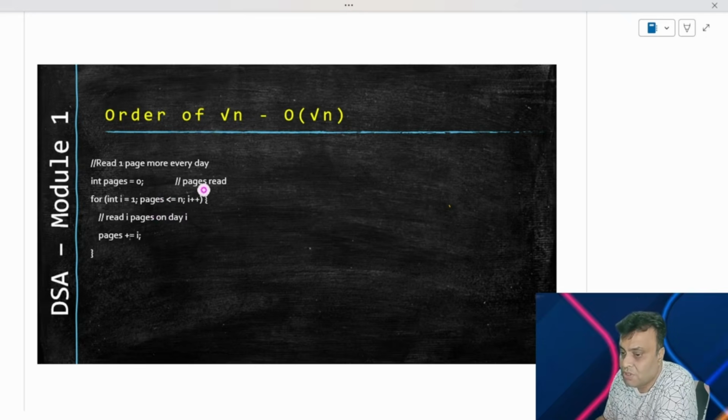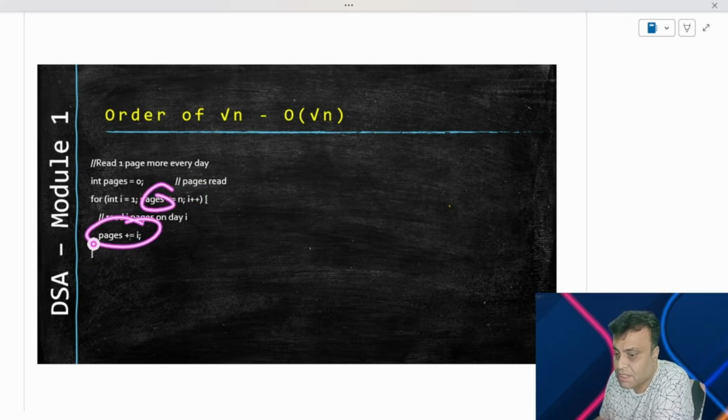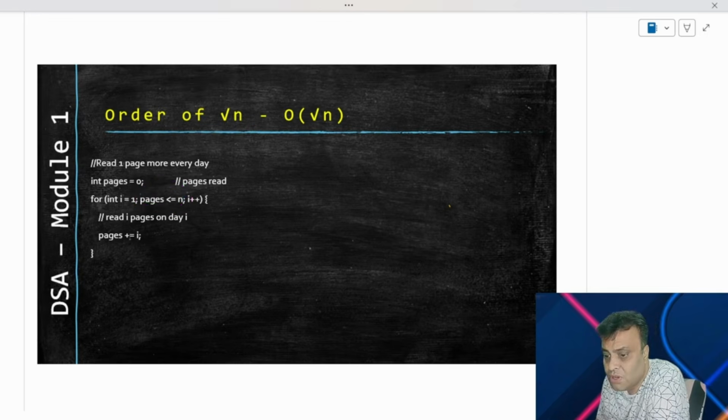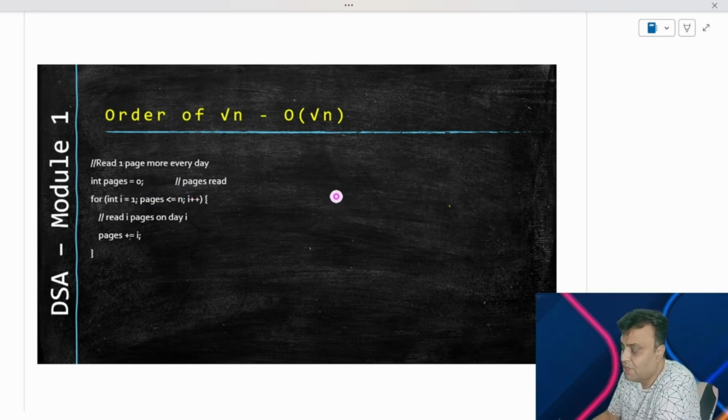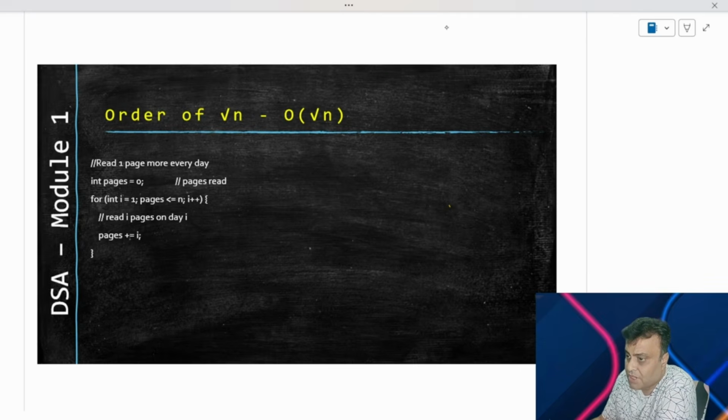You don't know, because you are increasing I on this side, but your pages is getting increased with the concept of I. So I in one hand is increasing, pages on the other hand is dependent on I, and hence you will terminate at pages less than equal to n. You do not know how many times it will execute. And when you do not know how many times it will execute, it will either be logarithmic, exponential, or a root over. And that's what we are trying to establish here, how to see what kind of time complexity we are talking about here.